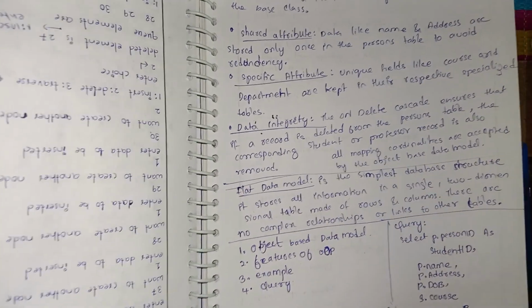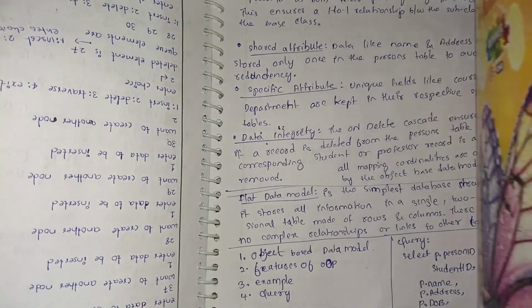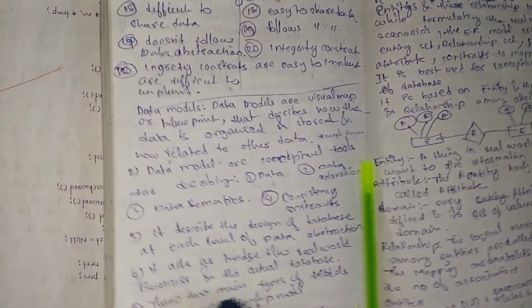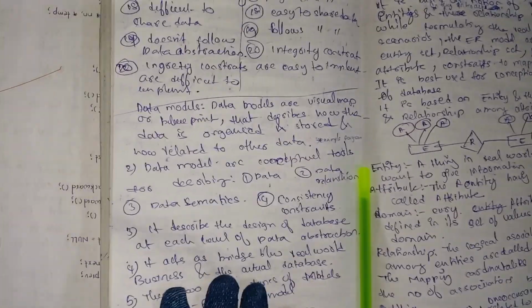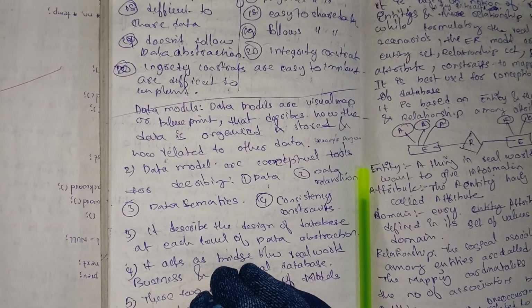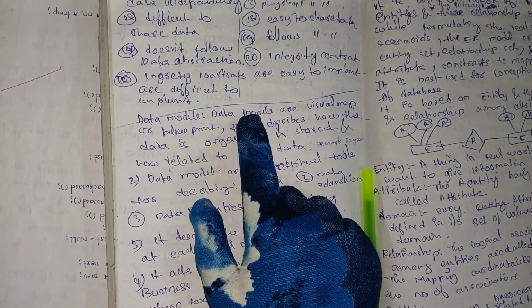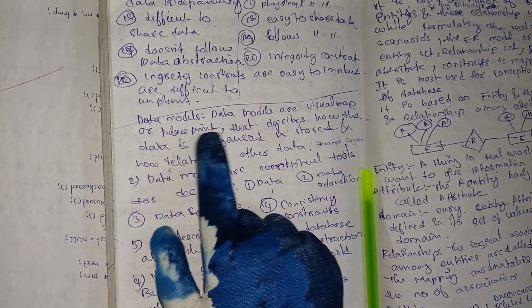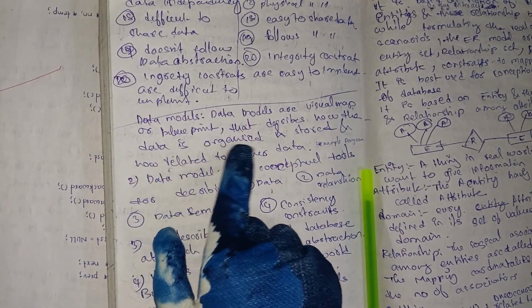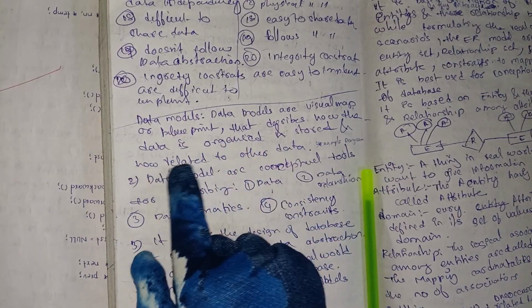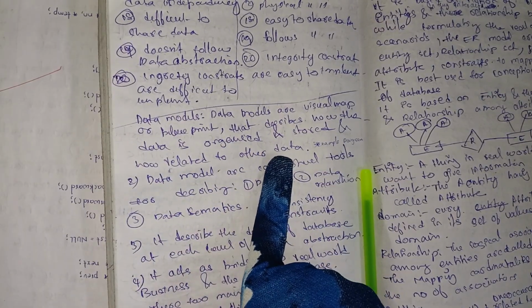So first, what is data model? Data models are visual maps or blueprints that describe how the data is organized and stored and how related to other data.